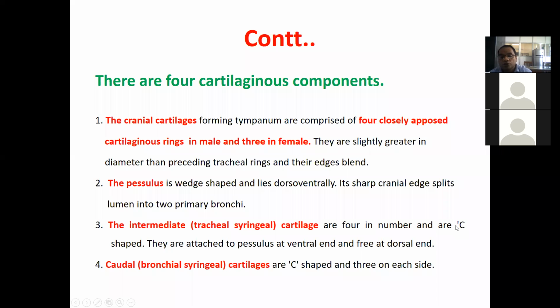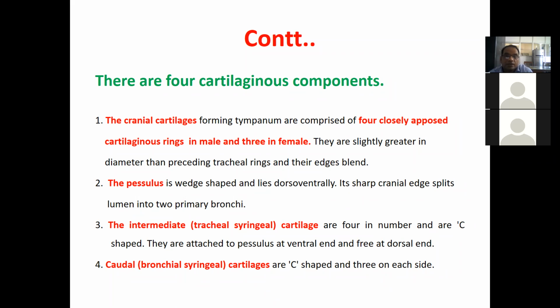If you see in the cross section, you will find this is the C-shaped cartilage, and it is about four in number, and these are attached with the fasciculus at the ventral end and the free dorsal end. So this intermediate cartilage is attached with the previous one, that is the fasciculus, on the ventral end and also the dorsal end.